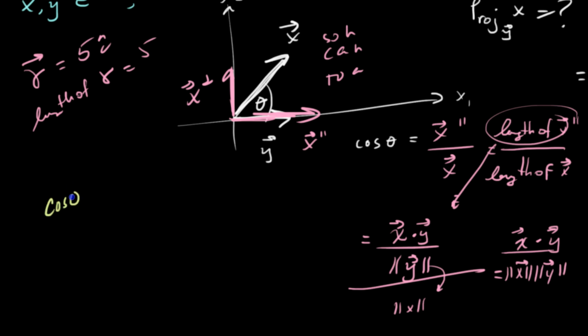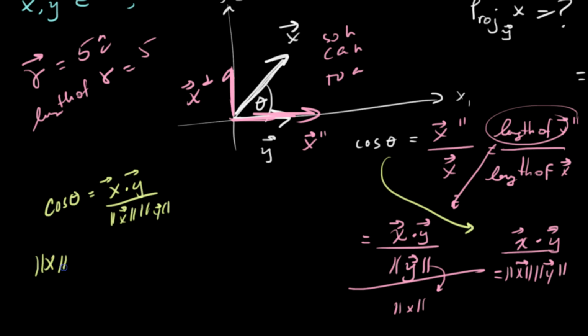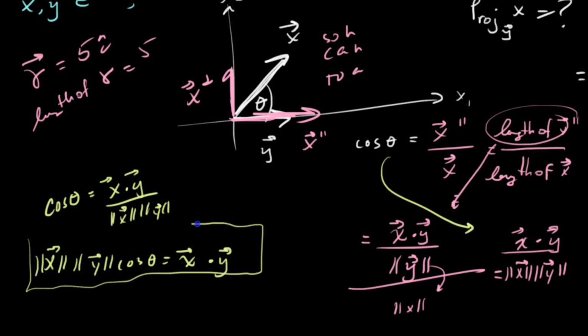We have the cosine of theta is equal to x dot y over the magnitude of x times the magnitude of y. So let's multiply this whole thing by the magnitudes, and we get that the magnitude of x times the magnitude of y times the cosine of theta is equal to x dot y. And this is the formula that you see in all your physics classes, and we have just derived it, from the length of x parallel over the length of x being the cosine of theta.